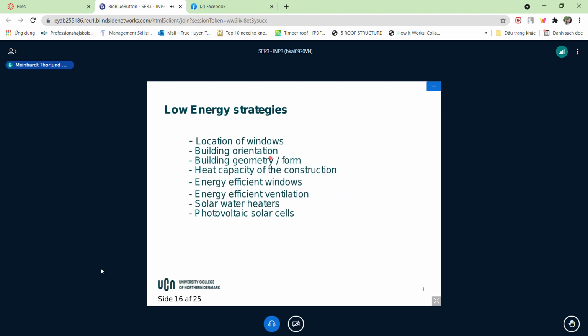So what are the low energy strategies for actually preventing this? Location of the windows is probably really important, because at least in Denmark, when you're in the northern hemisphere and this far north, placing windows in the south direction, towards the South Pole, will be a place where a lot of sun is going to enter the windows.